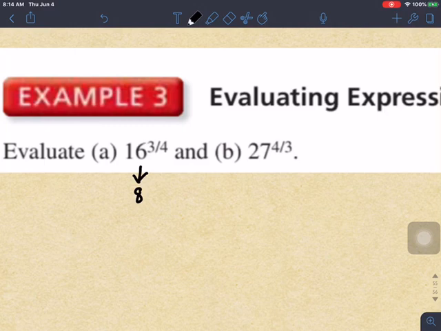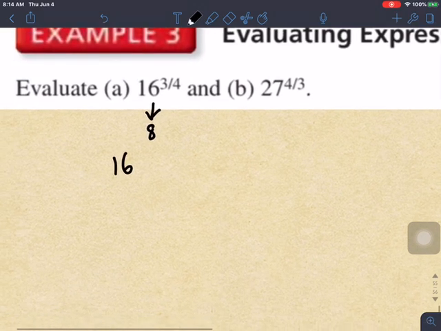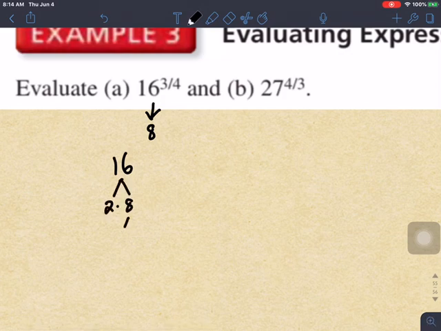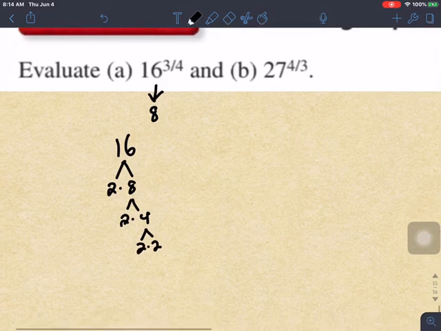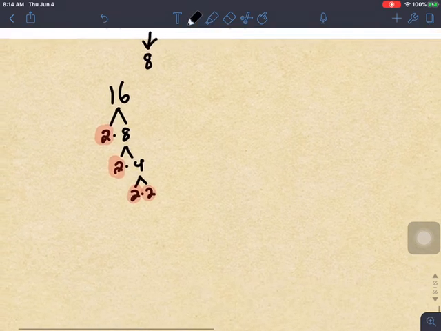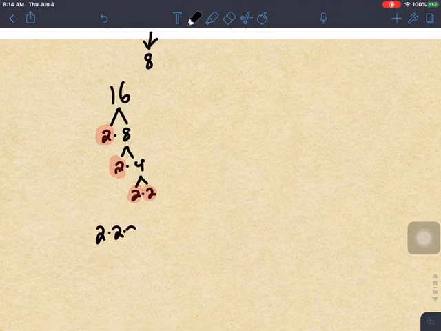I'd like to show you another way. I'd like to break 16 down into its prime components, okay? So 2 times 8, 2 times 4, and 2 times 2. In other words, 16 is 2 times 2 times 2 times 2. There are 4 of them. You see that?